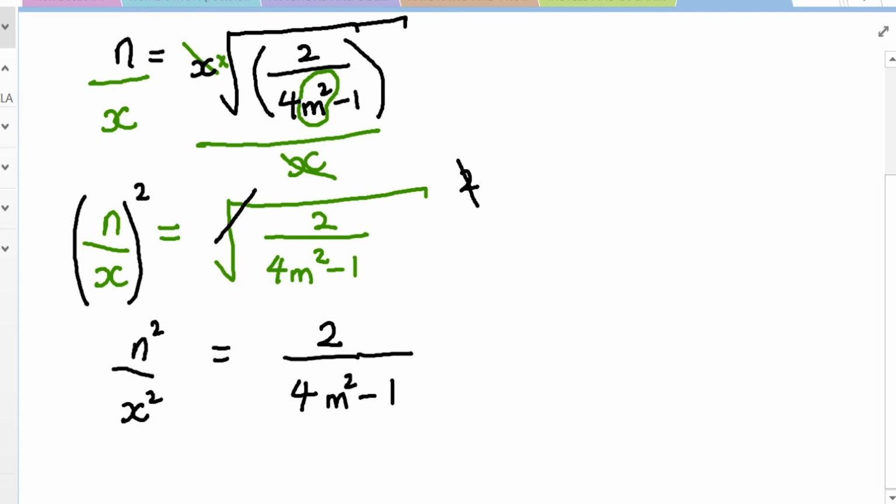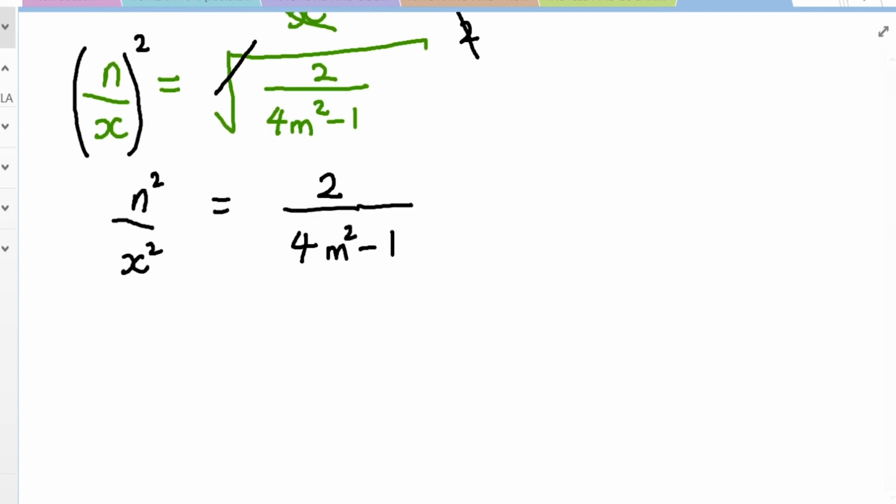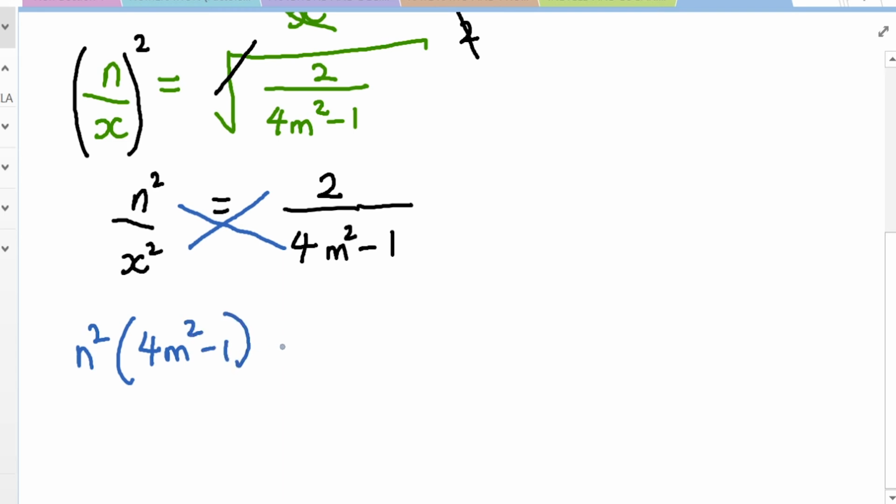So let's make this a flat equation by cross multiplying. So it means this is going to become n squared into 4m squared minus 1 is going to be equal to 2 multiplied by x squared.